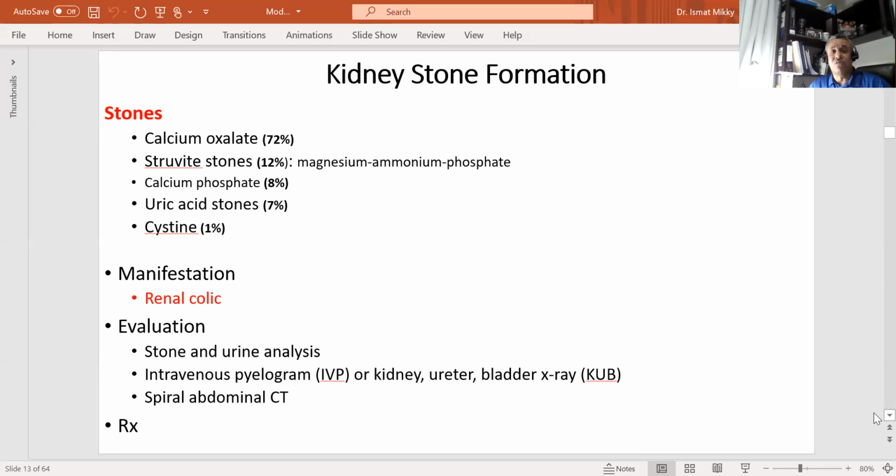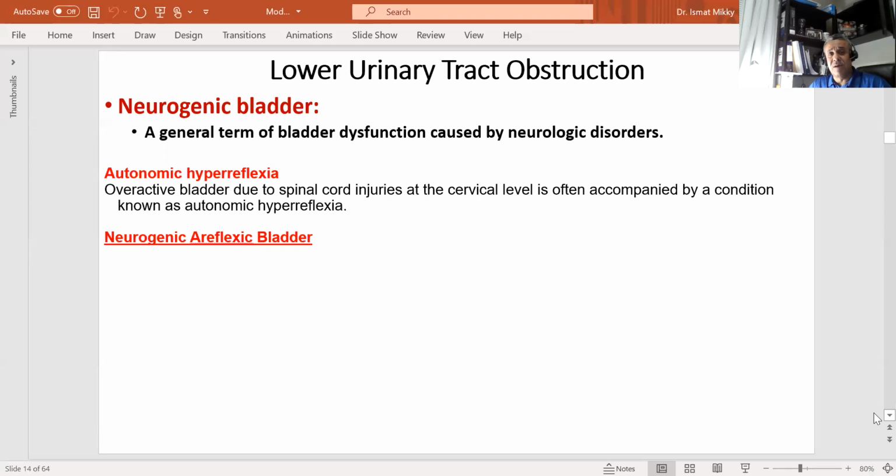Also sometimes we have to remove the stone, so stone removal can be done surgically, sometimes non-invasive, sometimes minimally invasive, like through the cystoscope. Sometimes they have to do an open incision and a major surgery to remove the kidney stone, especially when it's inside the kidney, and if it's a staghorn type of kidney stone. The most complicated type of kidney stone is called the staghorn kidney stone.